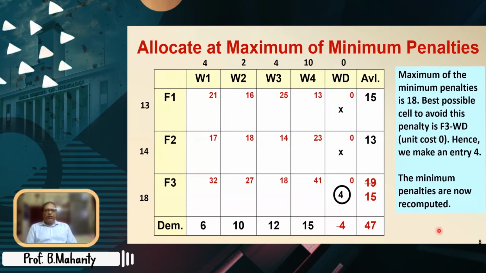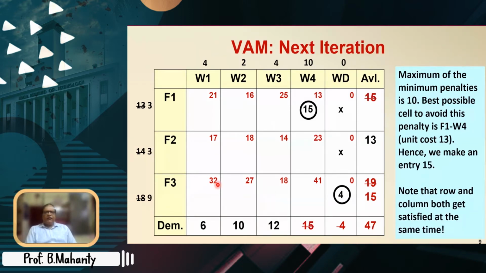Now tell me which one is the maximum penalty? Maximum penalty is 18, is it not? So the best possible square is this particular square, F3W3, and we have to make some entry there, and let us see what kind of entry is made.